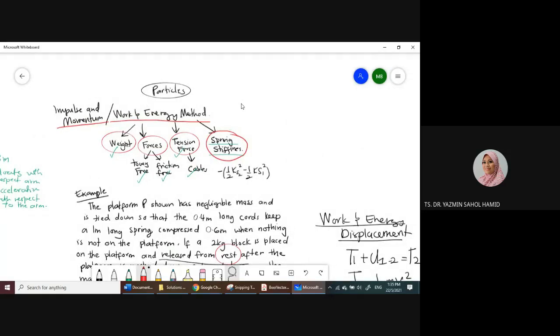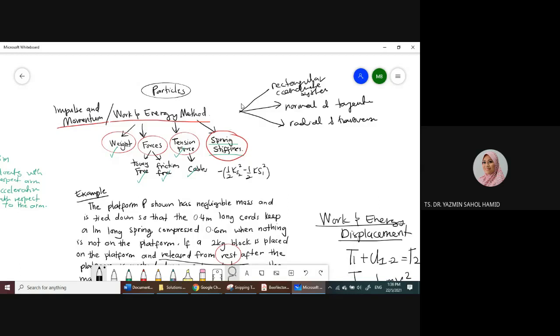I want you to bear in mind that work energy and impulse or momentum can also be related to the coordinate system: the rectangular coordinate system, the normal and tangential, and also radial and transverse.